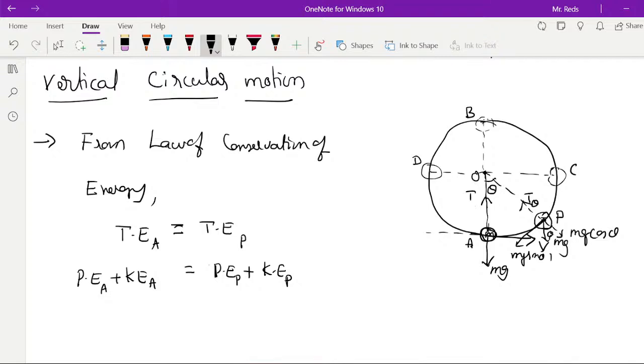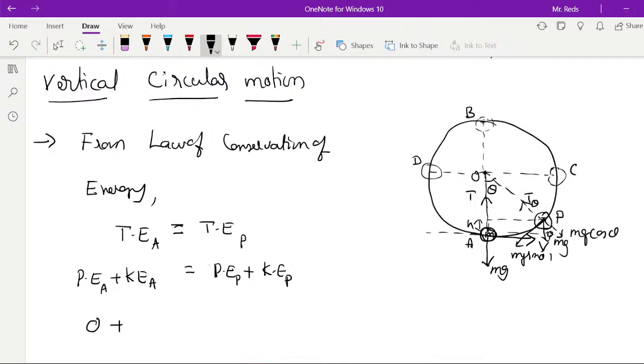When you bring this aside through some angle theta with respect to this line, it has raised through some height h, so it possesses some potential energy. At A, if you take this as the reference line, the height is 0, so potential energy at A is 0.